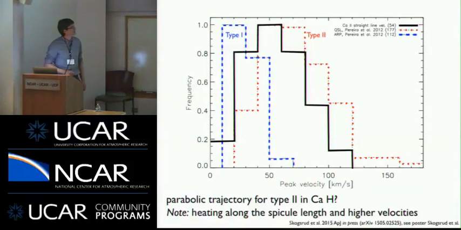So the higher velocities are shown here. So for the 54 spicules, we could measure the velocity at the rise phase, and they match much better the observations for the type 2 spicules that have been done before. So there is a clear distinction in velocity between the type 1 and type 2 spicules.